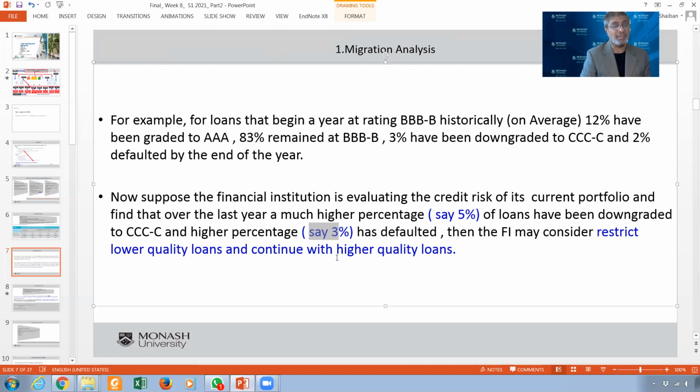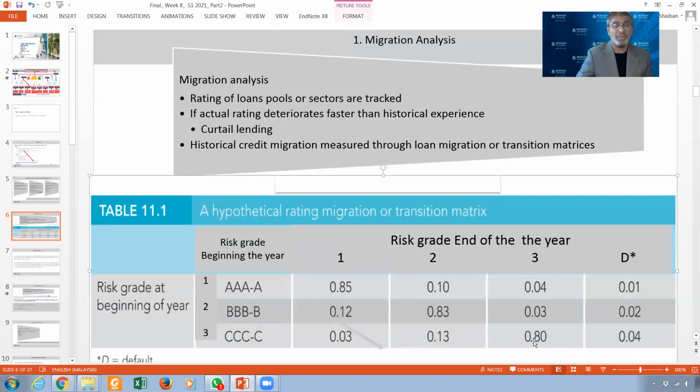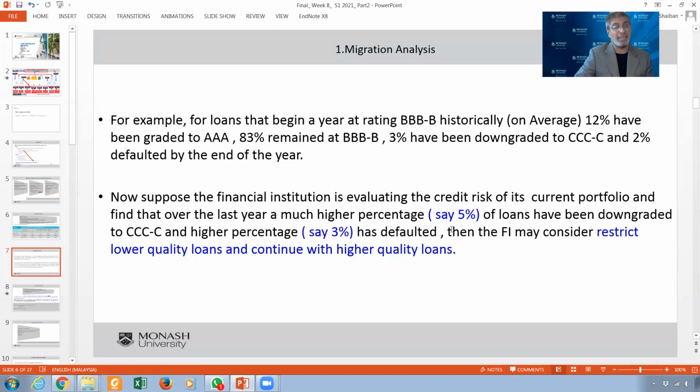So you may restrict investment in triple B. Maybe you go to C. At least when you go to C, you have 4% here. 13% will be upgraded to B, and 3% upgraded to A. Of course, you will have more return, but at the same time those will be upgraded. So you may consider that you restrict triple B because the companies you have are downgraded more, they are riskier than the market. This is what we are saying.